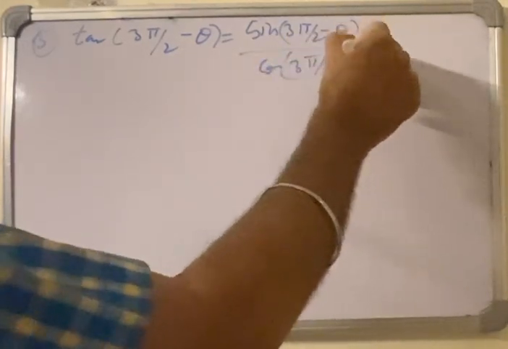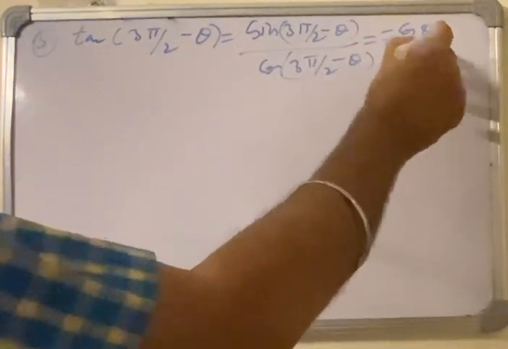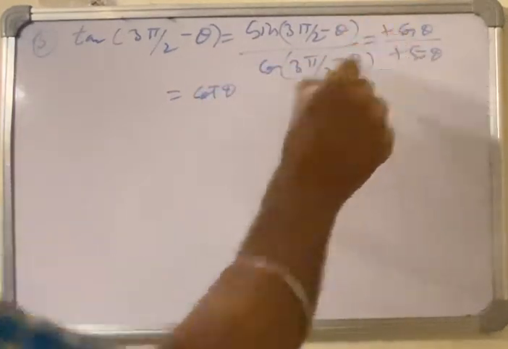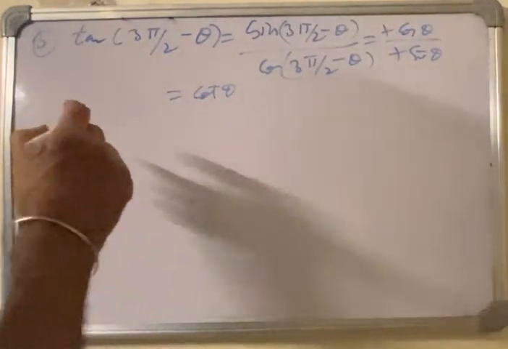So this is minus cos theta over minus sine theta, which is cot theta. Therefore, tan changes to cot in case of 3 pi by 2 minus theta, but it is positive.